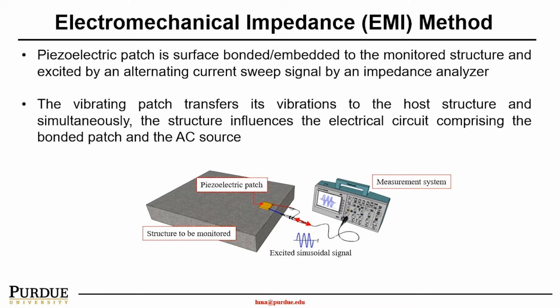Another similar type of method is called the electromechanical impedance method. In this case, we use a piezoelectric sensor attached on the concrete, giving an AC signal to vibrate the sensor. The sensor will send an elastic acoustic wave, and based on the wave transmission, reflection and attenuation, we can understand the stiffness of the material.